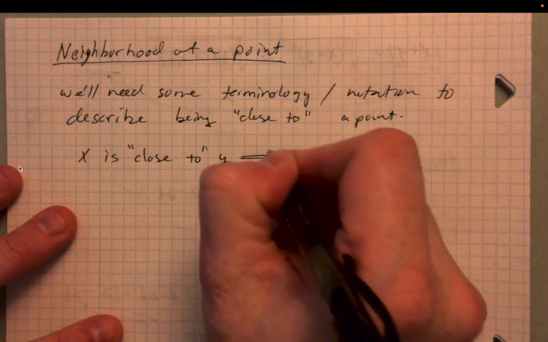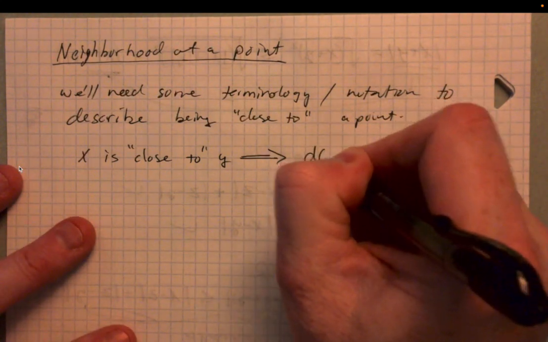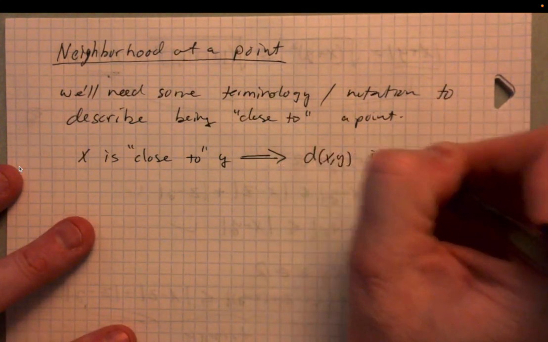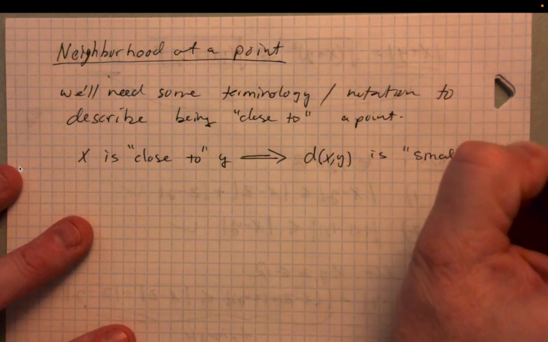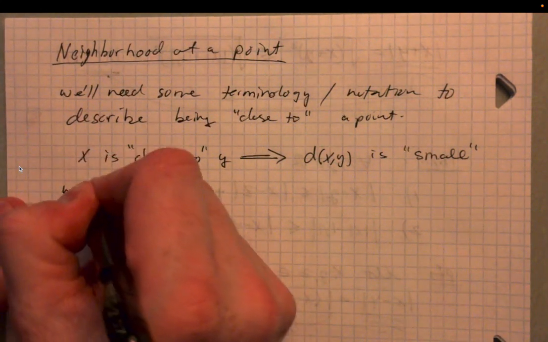Well, the implication is that the distance between x and y is, quote unquote, small, whatever that means. So two numbers being close to one another implies that the distance between them, the Euclidean distance, is small. And really the most convenient way to express this idea of close to is through the idea of an epsilon neighborhood.